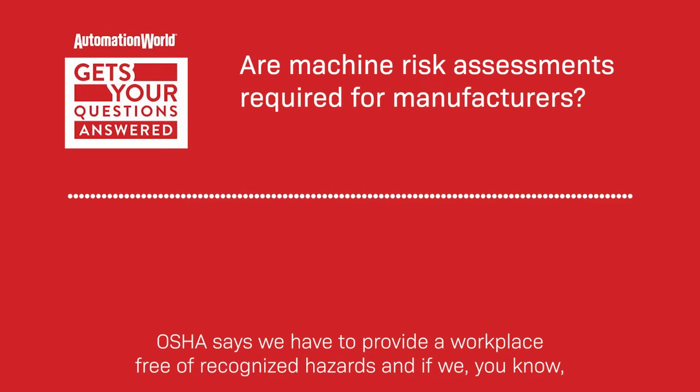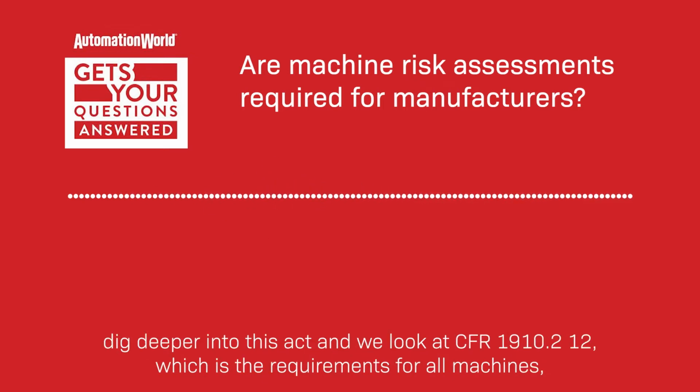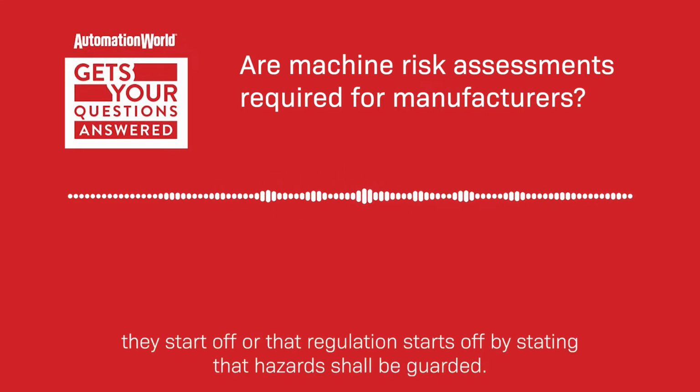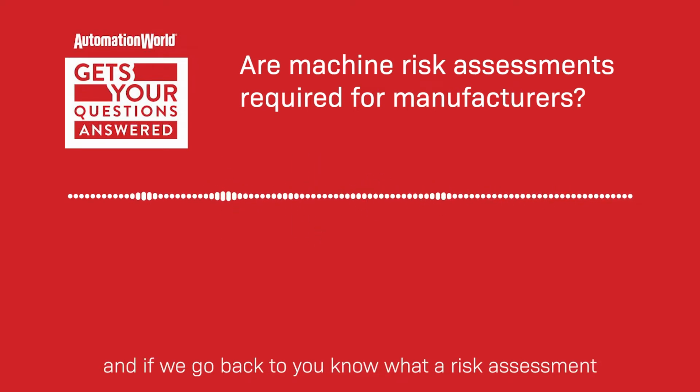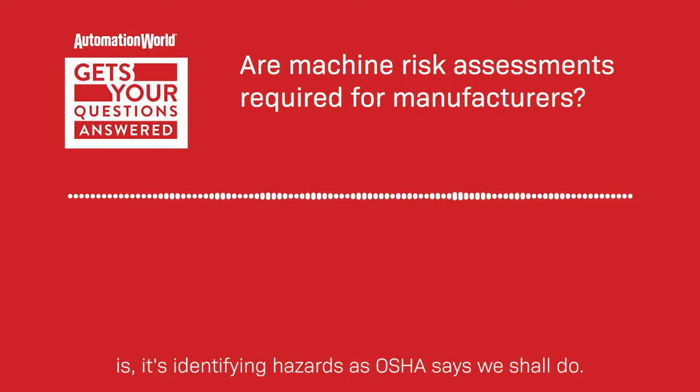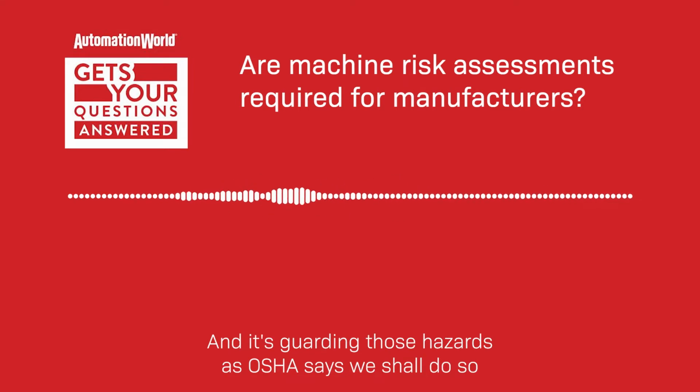And if we dig deeper into this act and we look at CFR 1910.212, which is the requirements for all machines, that regulation starts off by stating that hazards shall be guarded. So again, we have that shall statement. And if we go back to what a risk assessment is, it's identifying hazards as OSHA says we shall do, and it's guarding those hazards as OSHA says we shall do.